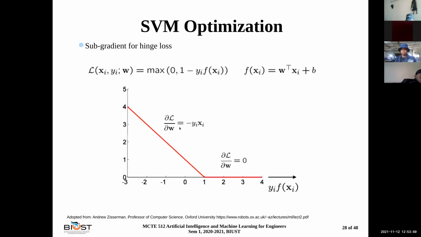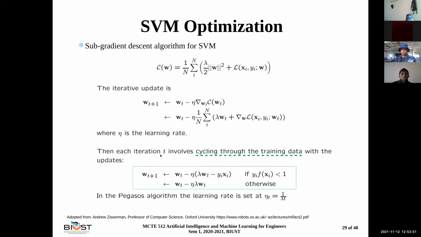So finally, this is the final update for your W. We went through all these equations to say that the final update of your W, in order to minimize this function, is a function of the Lagrangian function, as well as the norm of the weight.